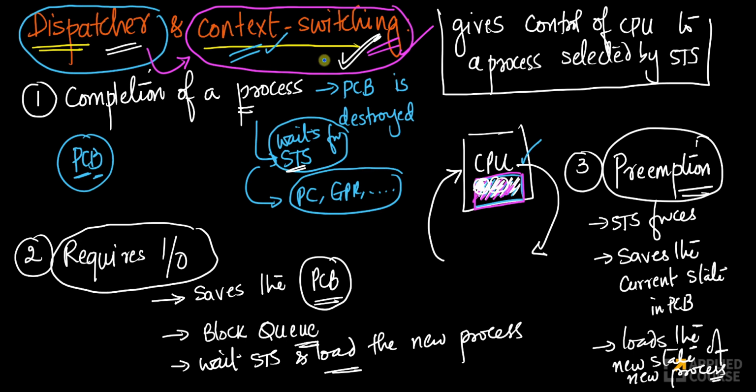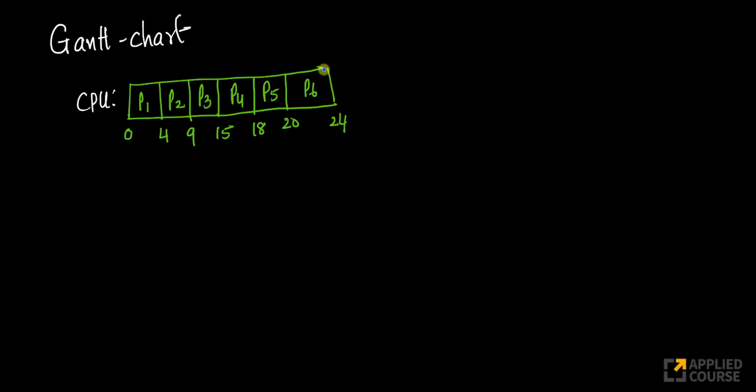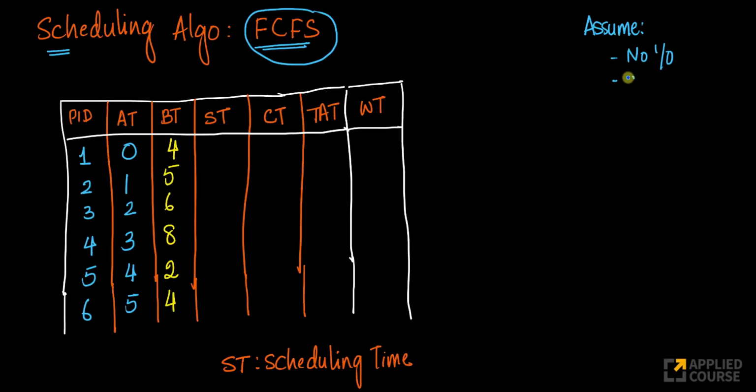But we'll assume, just for simplicity, that the context switching time is negligible, or zero. Okay. So with these assumptions, the mathematics becomes simpler.